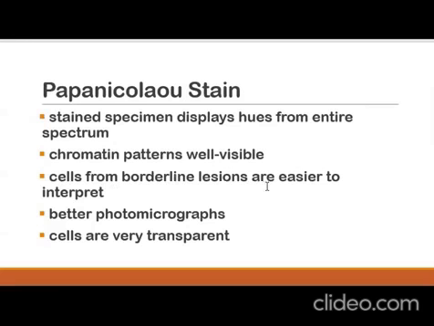By the way, what do we mean when we say borderline lesions? When we say borderline lesions, class, these are actually lesions characterized by the presence of atypical or low-grade neoplastic cells.